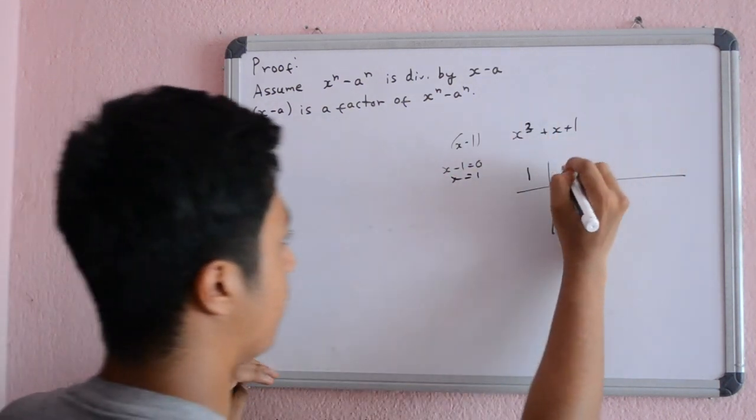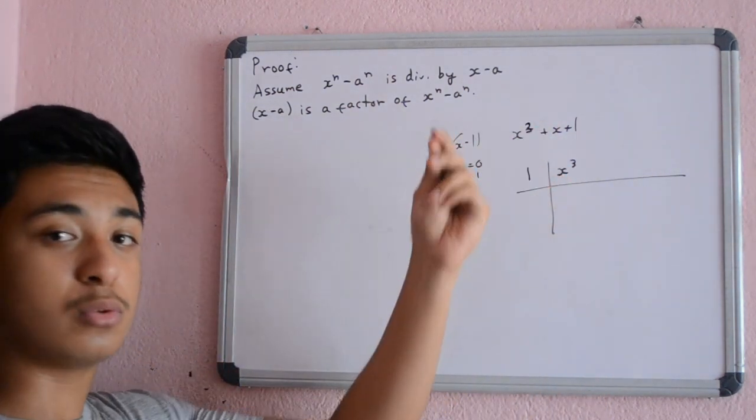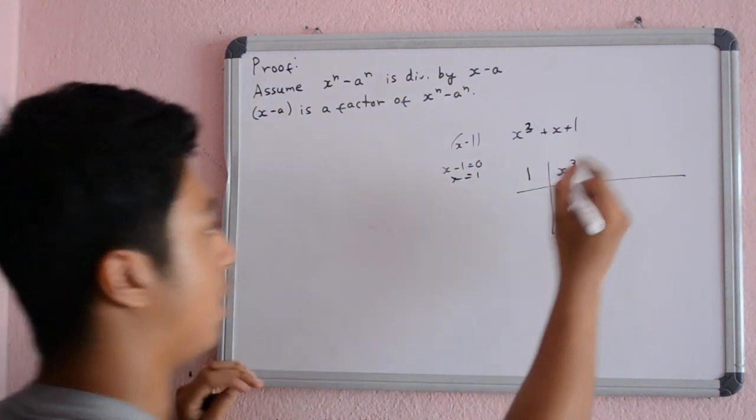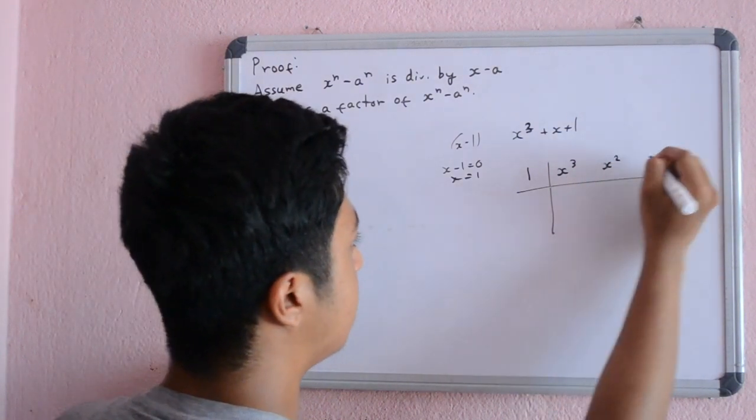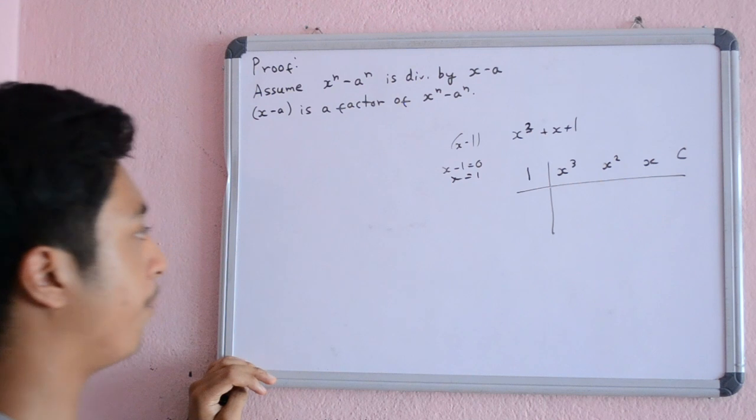You put them down, x cube, and then as you can see we have no x square, but still you have to write that down. So x square, x, and finally the constant, which I'll write c.